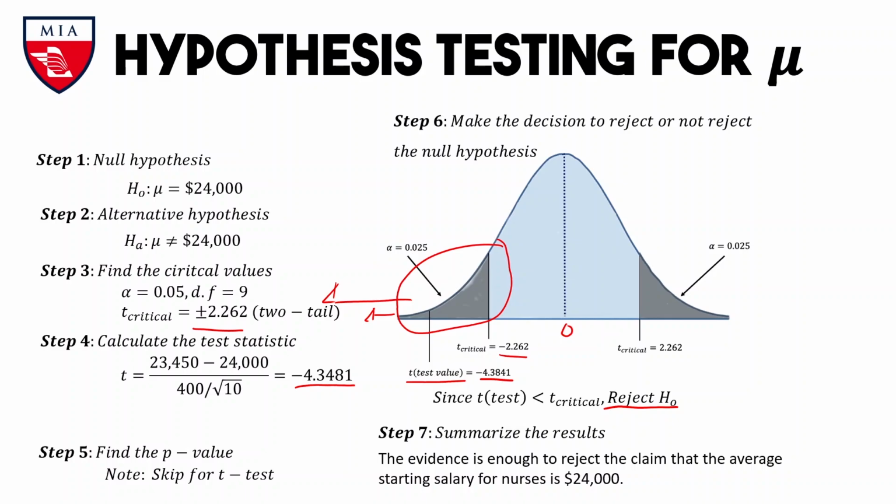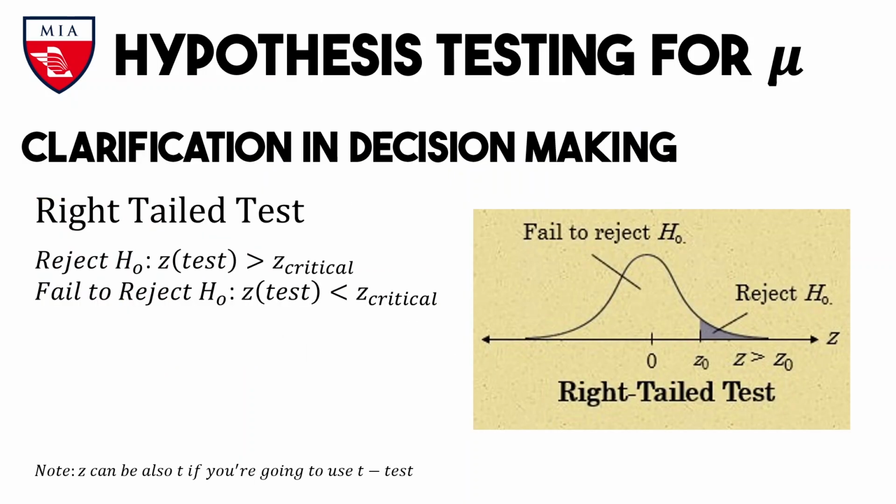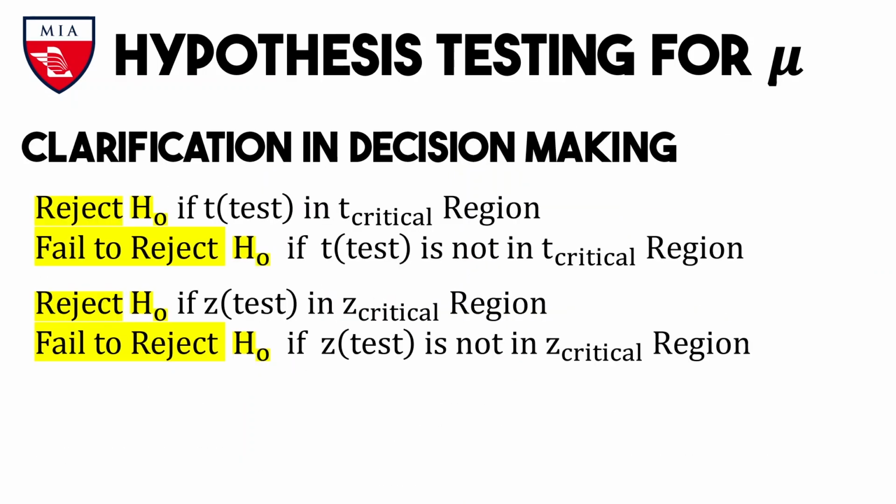You can study, memorize, or familiarize yourself with the conditions that I said last time, but they are only for the right tail test. We also have the left tail test, so in order for us to summarize this, we have this clarification.